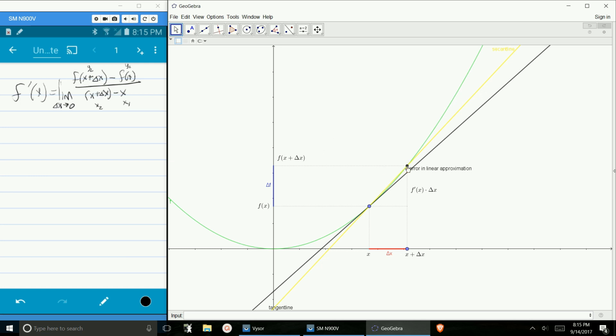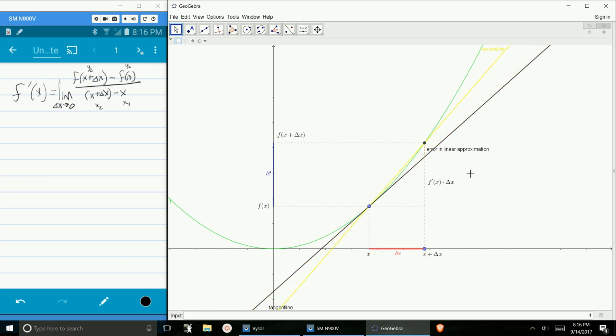This point here is x2, y2. And x comma f of x is this point, right? So what we've done is found the slope of the secant line. Without having the limit there, this thing is the slope of the secant line. But what the limit is saying is that delta x is slowly collapsing to 0 and the secant line becomes the tangent line. Okay.